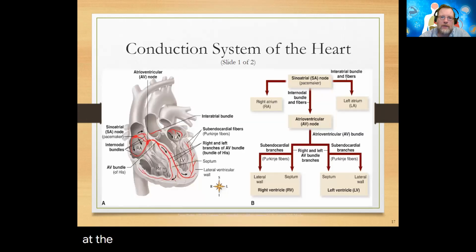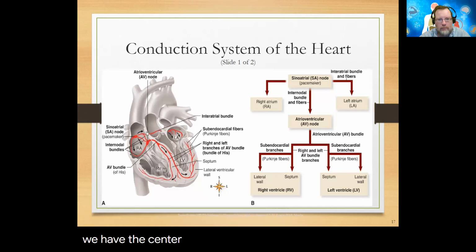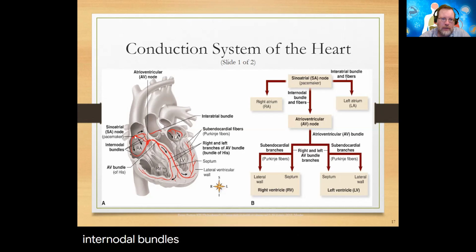So we start at the atria, and the SA node, we can see the pacemaker, and then we have this atrial bundle of nerve fiber that travels over to the left atrium. And then we see what are called the internodal bundles, bundles that come off of the SA node and go between the two nodes, the SA and the AV nodes.